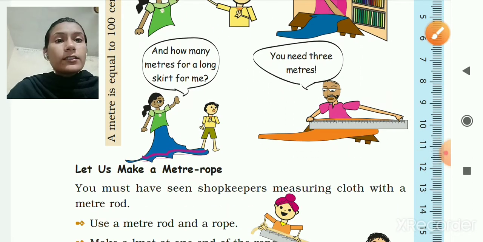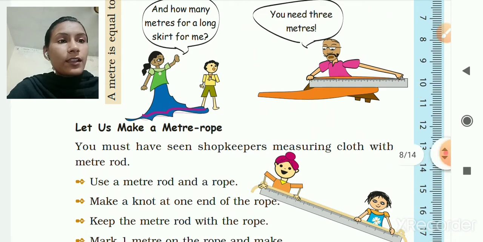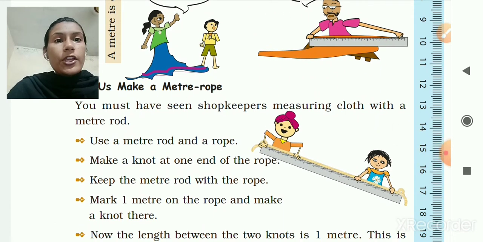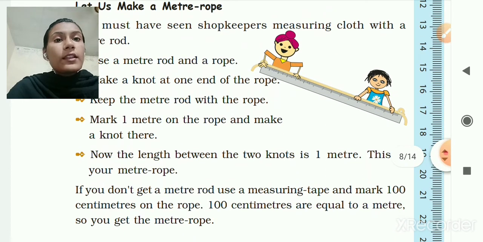Let us make a meter rope. You must have seen a shopkeeper measuring cloth with a meter rope. Use a meter rod and the rope. Make a knot at one end of the rope. Keep the meter rod with the rope. Mark 1 meter on the rope and make a knot there. Now the length between the two knots is 1 meter.